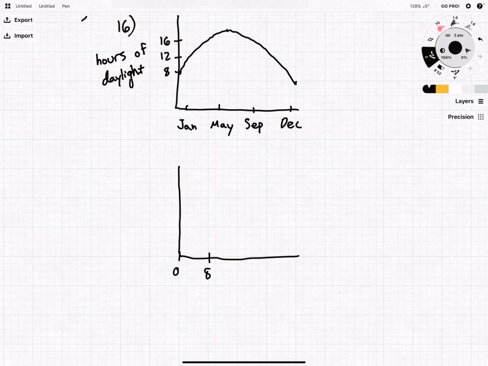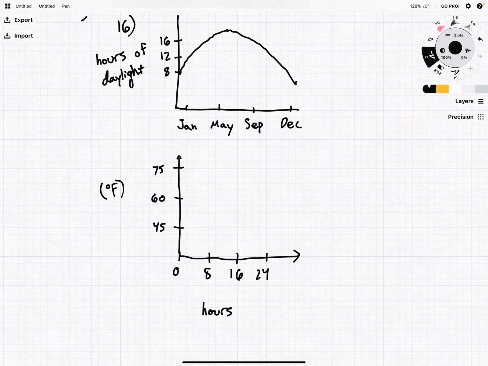We'll have 0 hours, 8 hours, 16, and 24. And for temperature, during some typical spring day, we'll say 45 degrees, 60, and 75, depending on where you live. This will be in degrees Fahrenheit. Hours down here.